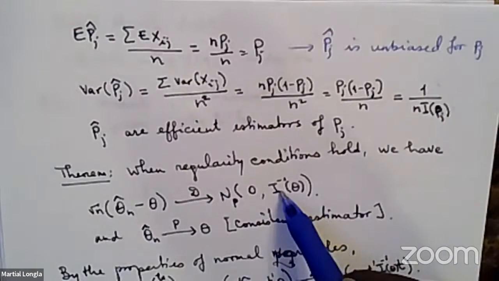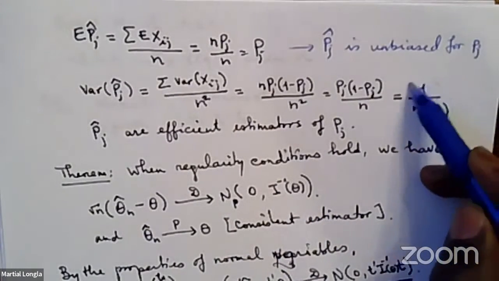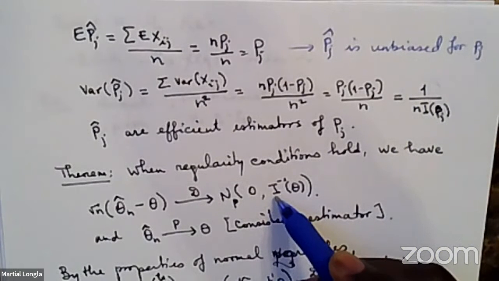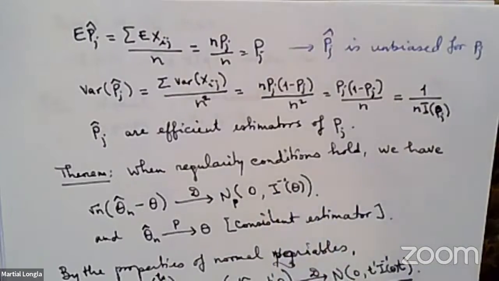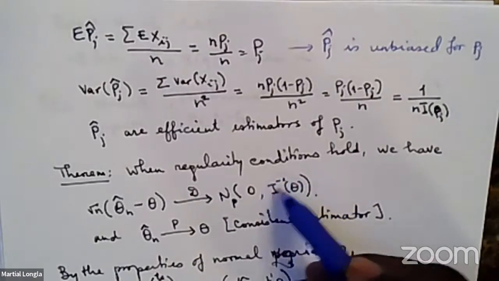And this justifies what I was trying to explain to you, that the entry that is here is actually from the matrix, instead of 1 over what you had in the theta, because it comes from this theorem.